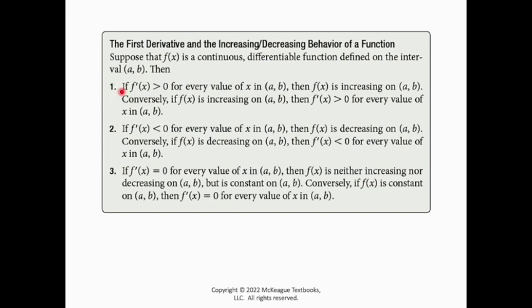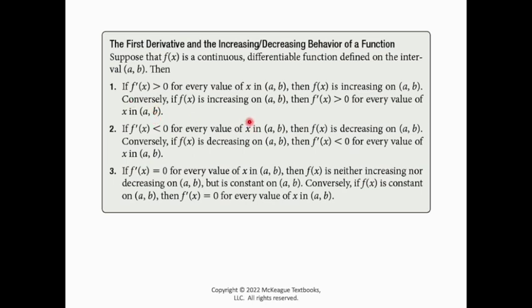This first statement says, if we look at the derivative of the function and it's positive, it's greater than 0, then for every value of x on that interval that we're looking at, the function is going to be increasing on that interval. Conversely, if f of x is increasing on that interval, then the derivative has to be positive on every one of those values of x on that interval.